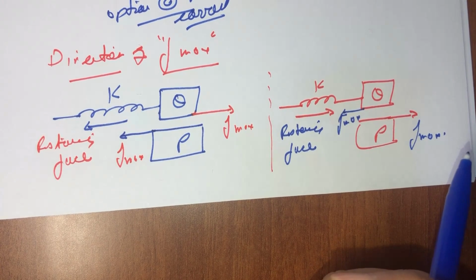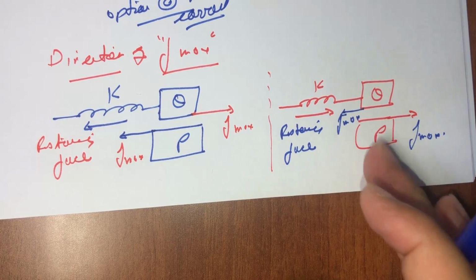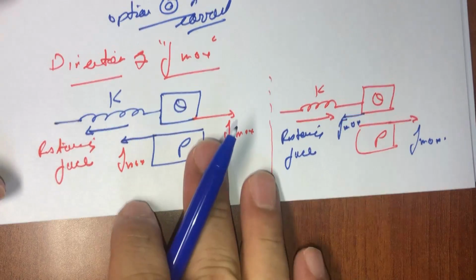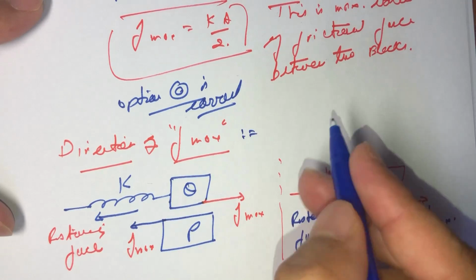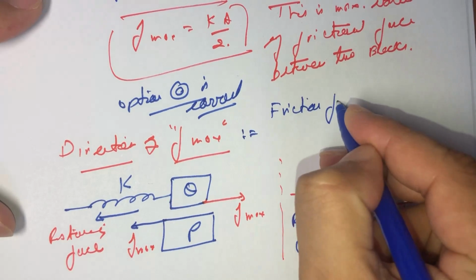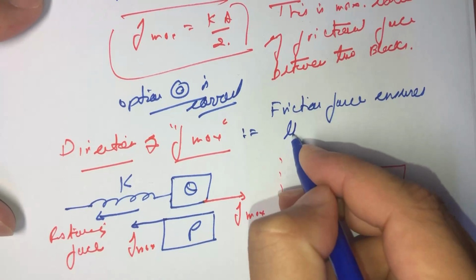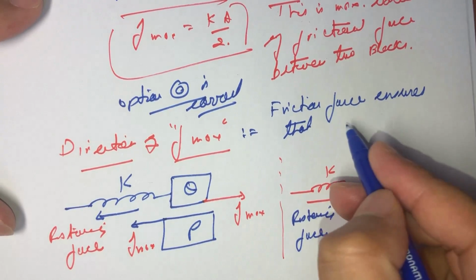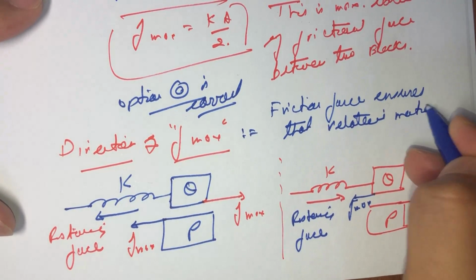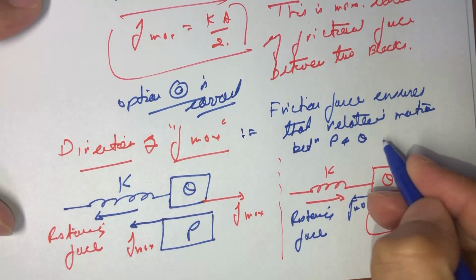So from here we can say that the frictional force ensures that the relative motion between P and Q is 0.